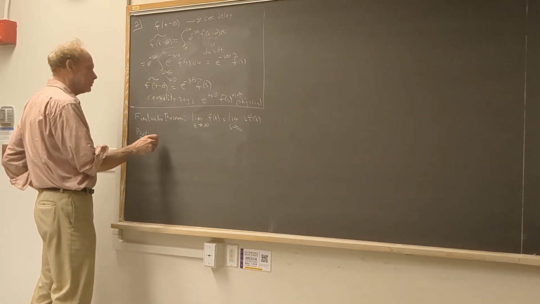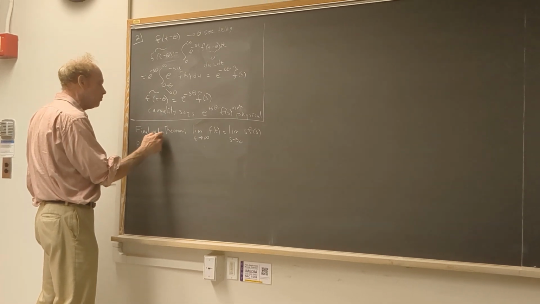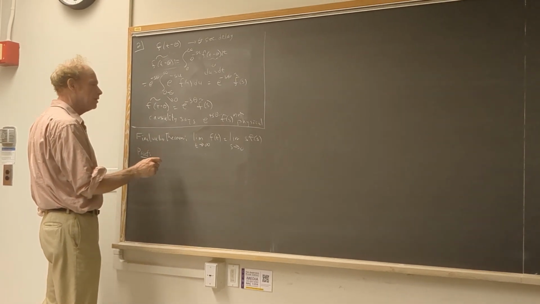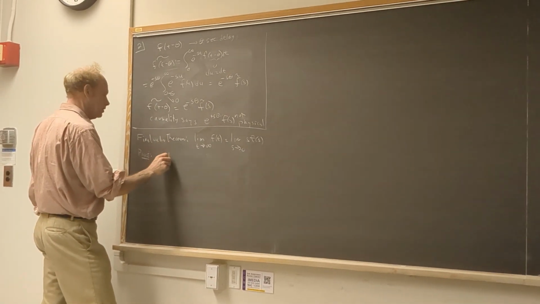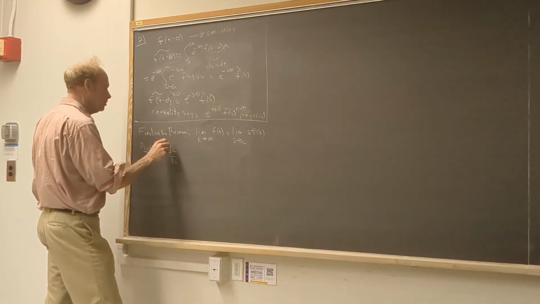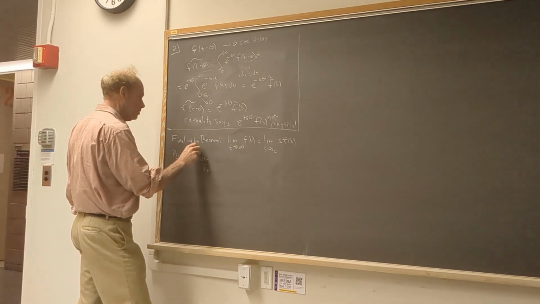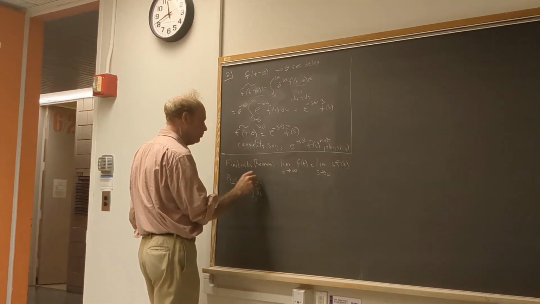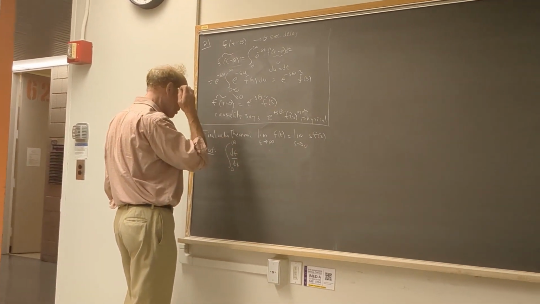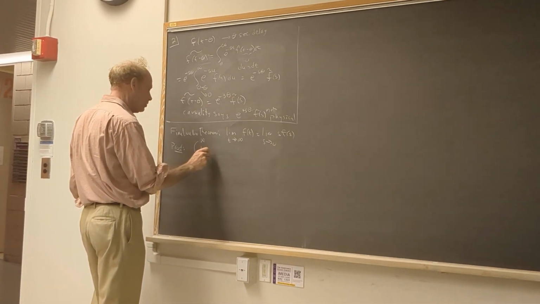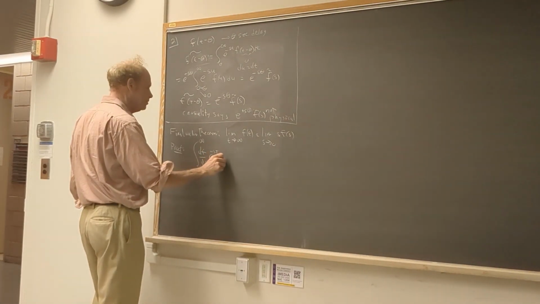So, we know that f tilde of s is the integral from 0 to infinity of f of t times e to the minus st dt.